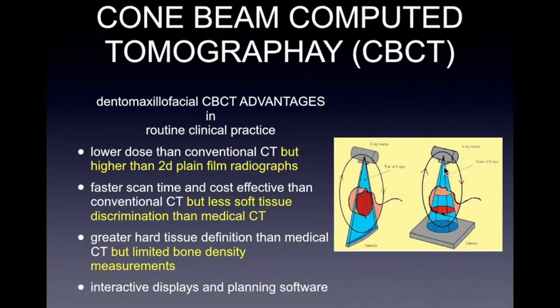But because again of the variance in the amount of radiation sent and detected by your detector, it has very limited bone density measurements, or density measurements for CBCT, which we will later on discuss in terms of diagnosing or interpreting CT scans.